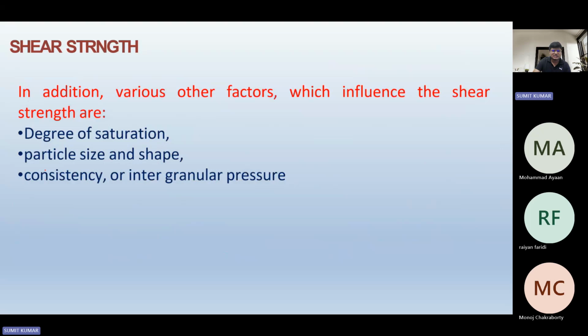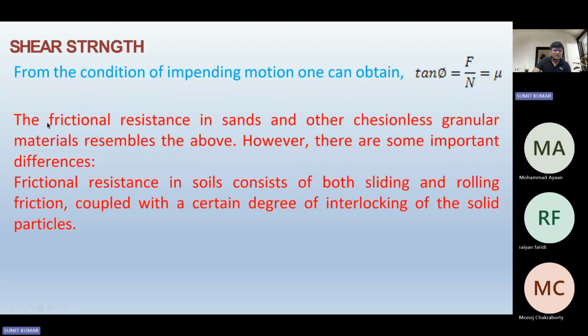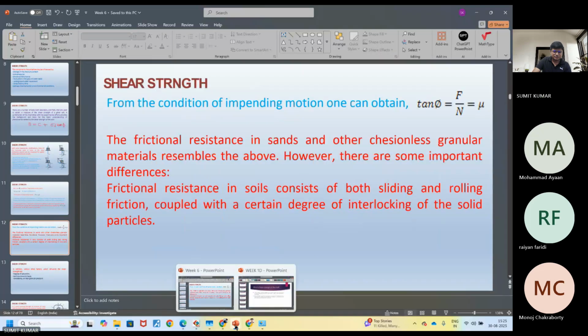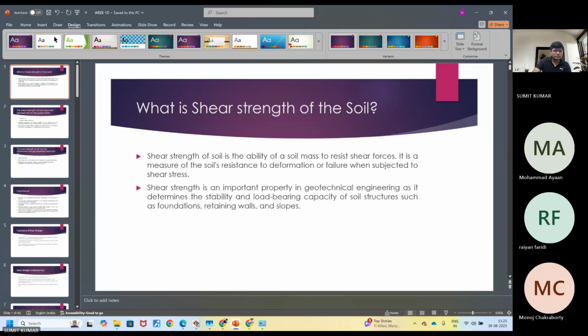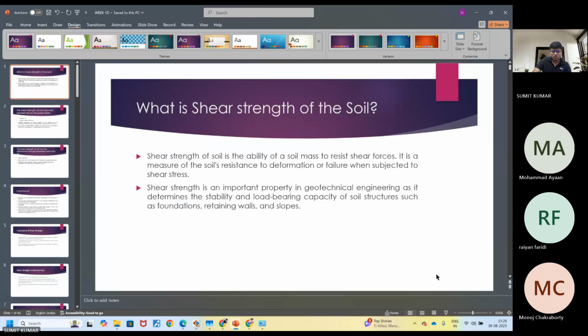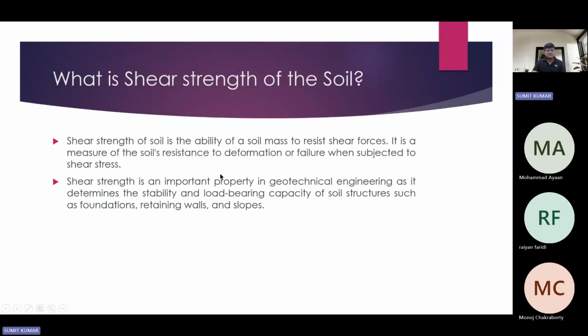These points, like various other factors that influence the shear strength of soil, like degree of saturation, particle size, shape. Okay, we will come to this slide later. First of all, let me discuss my slides, and then we will come over here. Let's first understand the shear strength of soil.